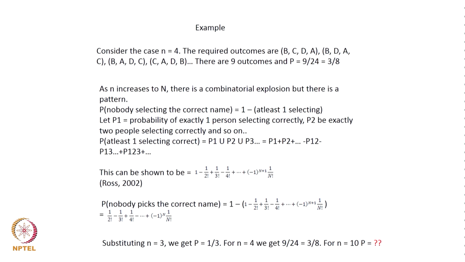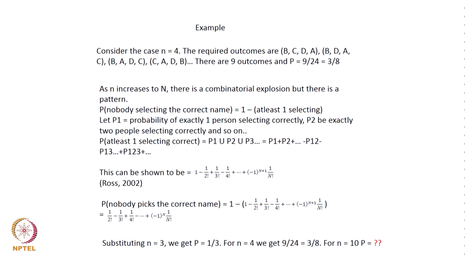So look at case n equal to 4, the outcomes are B, C, D, A, which means A picks name B, where A, B, C, D are the 4 people. So A picks B, B picks C, C picks D and D picks A. So nobody picks the correct name. And then we look at B, D, A, C, again nobody picks the correct name. B, A, D, C and C, A, D, B, nobody picks the correct name.